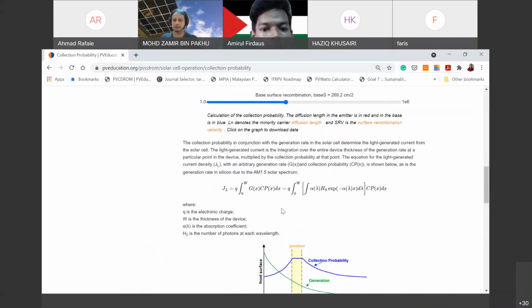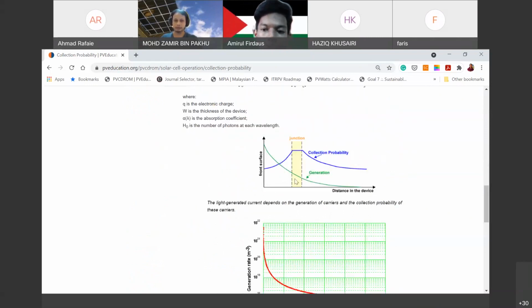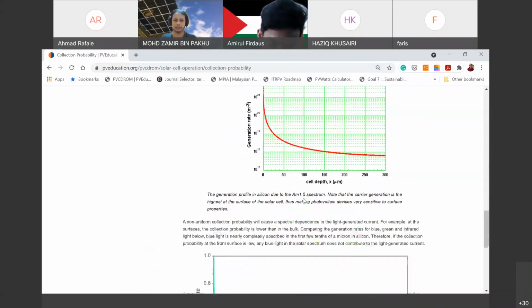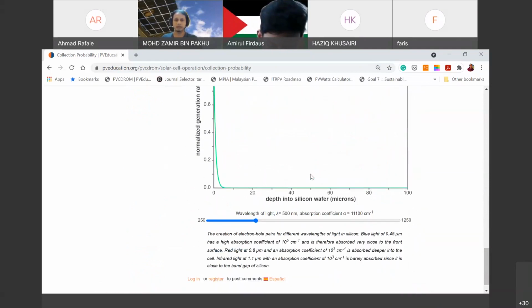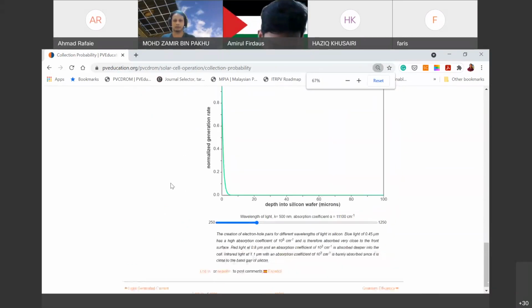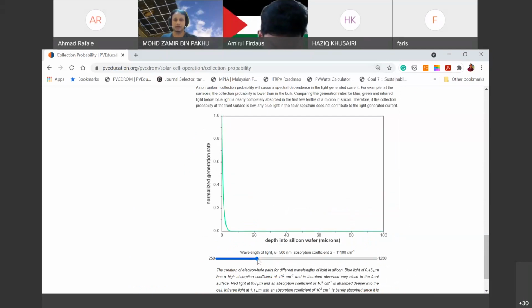The JL will be given by this integral, and then the collection probability away from the junction, and the generation rate, the G(x) factor. You can also play with the light absorption, the wavelength into the device, for example. Remember, when we talked about generation last time, blue photons will be absorbed at the surface, green photons will be absorbed in the middle, and red photons will be absorbed at the back, isn't it?